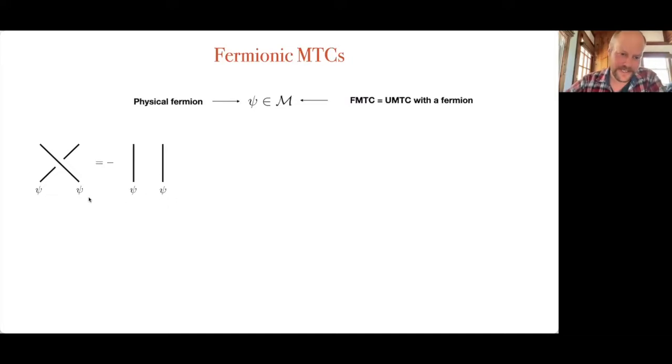So just to clarify, we have a modular tensor category M. It has a fermion sitting inside of it. That fermion has these statistics, meaning if I braid it with itself, I pick up a minus sign, and it has Z2 fusion rules, meaning if I fuse the fermion with itself, I get the vacuum.